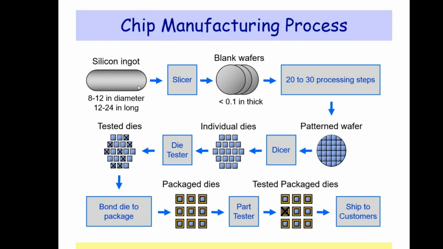Okay, so these are blank wafers. Once the blank wafers are done, we need to convert them into the patterned wafer into the size of your SOC or your chiplet that you want.